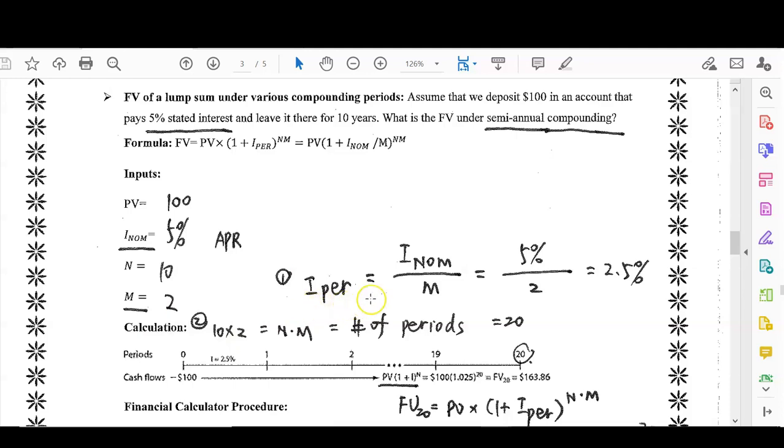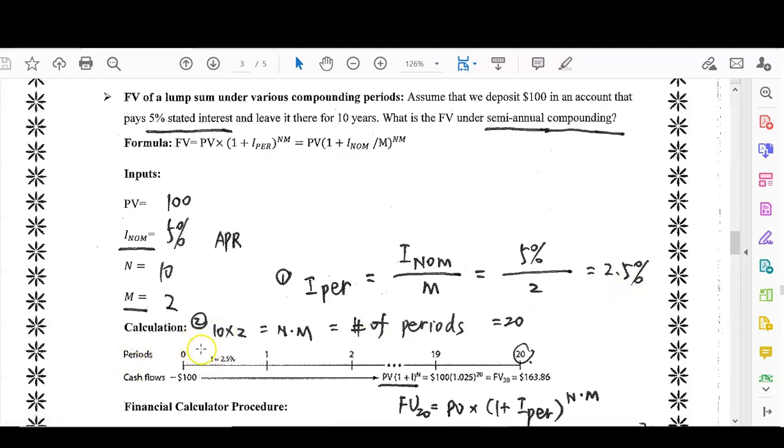IPR equals nominal rate divided by number of compounding periods per year. So it's this 5% stated rate divided by 2 because we have 2 compounding periods per year, twice a year. So our periodic rate is 2.5% here. This is the half-year rate. This is the semi-annual rate.